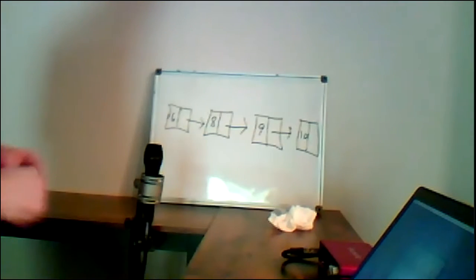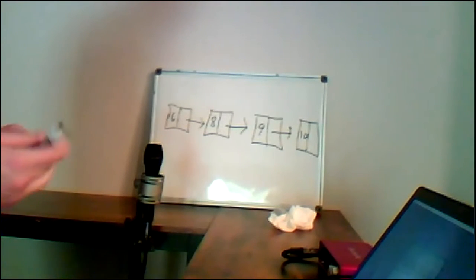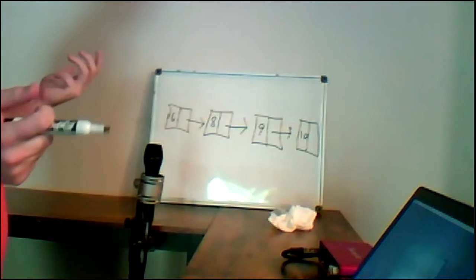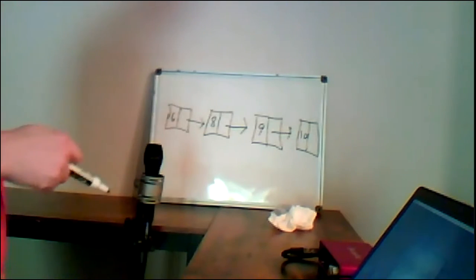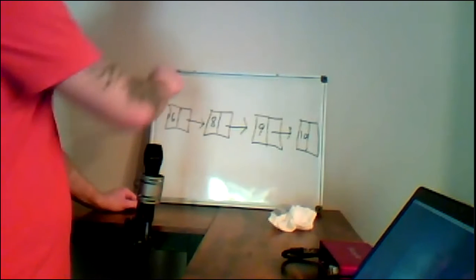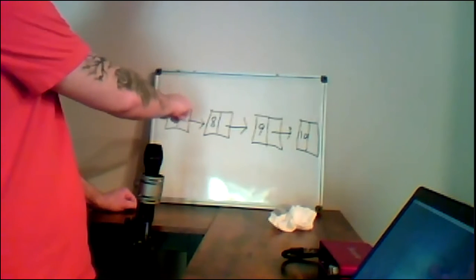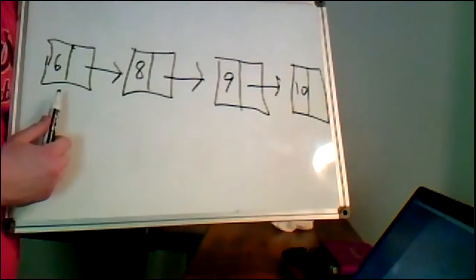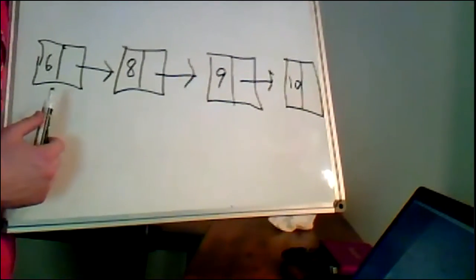So here I'll show you a little illustration of what we need to be doing. With linked lists, it's fairly simple to remove things in comparison to other structures in terms of space complexity, because we can just move the pointer. Say we're starting here, and we're trying to remove 9.